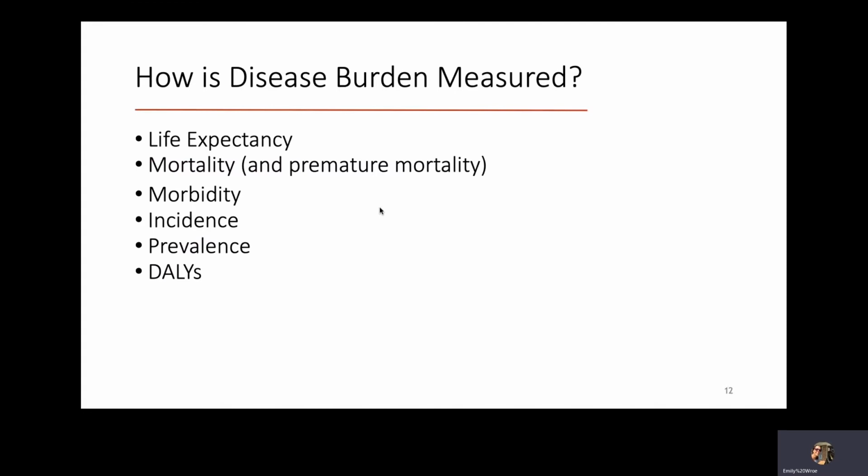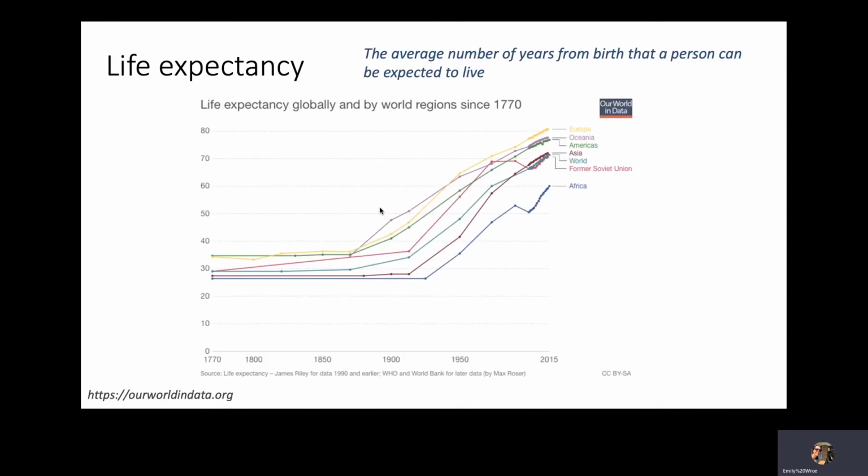So here are some terms that you should all be familiar with after this module: life expectancy, mortality, morbidity, incidence, prevalence, and DALYs. So life expectancy, you've all heard about this. It's the average number of years from birth that a person can be expected to live.